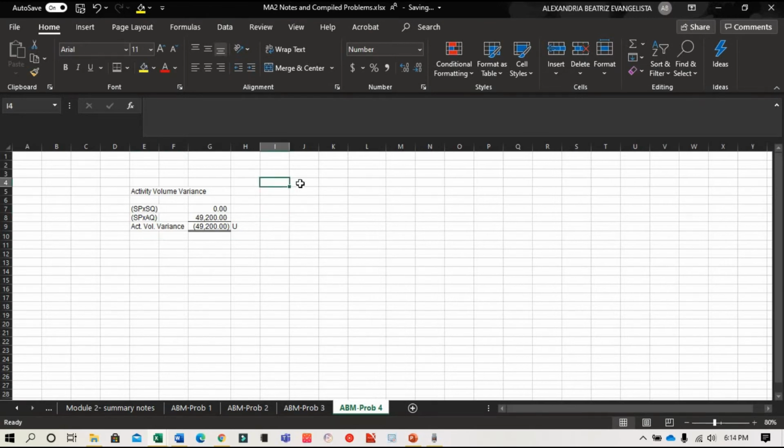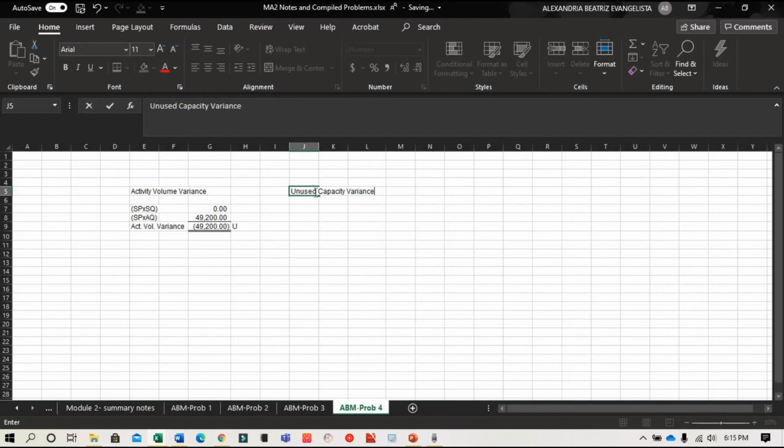So now let's compute for the unused capacity variance.